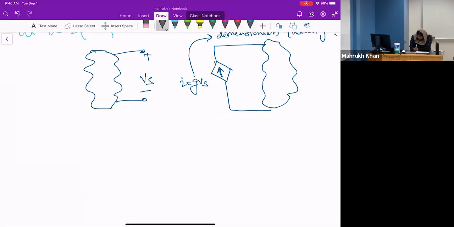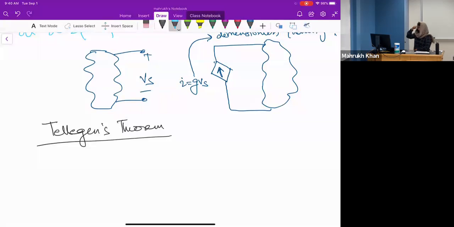Then another thing that I think we have missed is Tellegen's theorem. Not very complicated, but it's just that we have to define. So what Tellegen's theorem says is what the conservation of energy says, right?